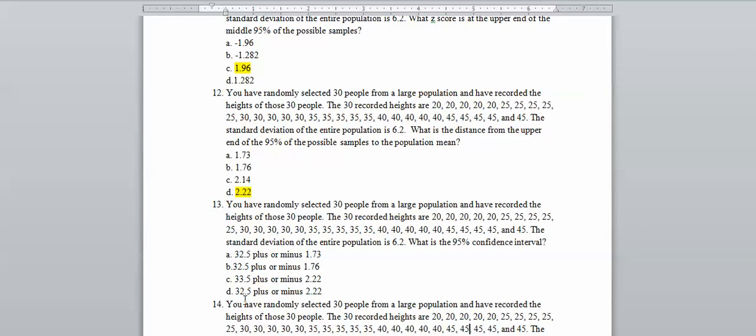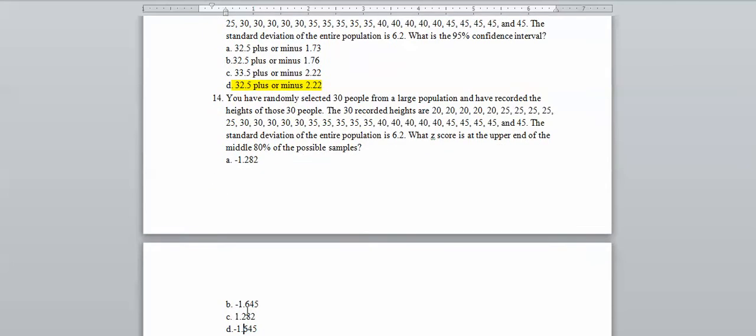So it's 32.5, and that's the sample mean, plus or minus the margin of error that we got in question 12. So it's D. So this was a series of questions in which you had to get the z-score first from the table, use it to calculate the margin of error, and then use the margin of error to get the confidence interval.